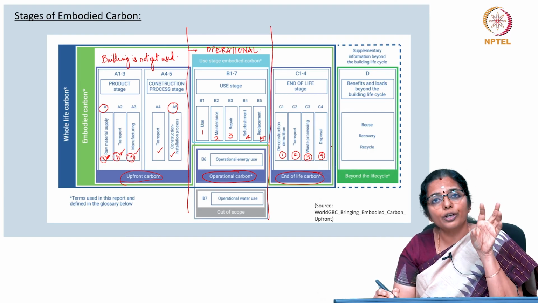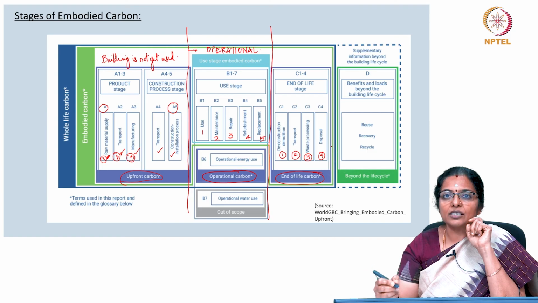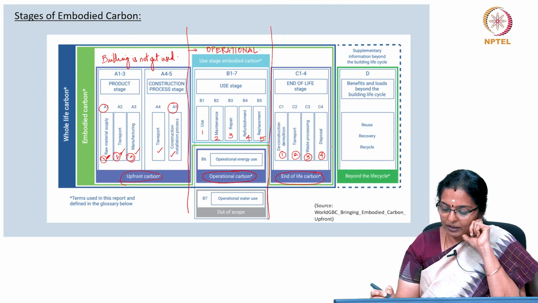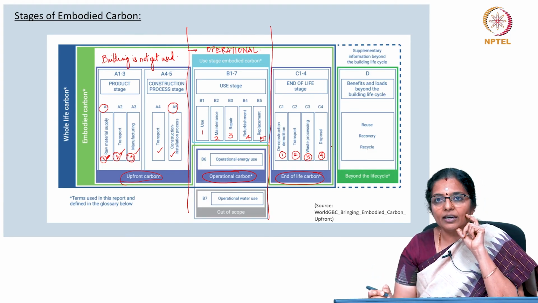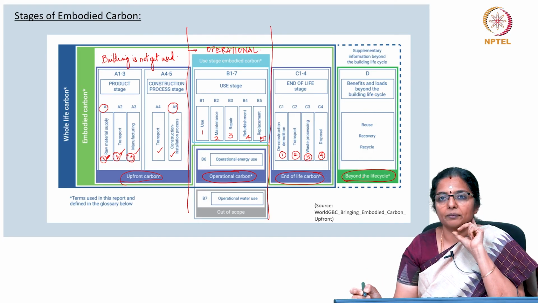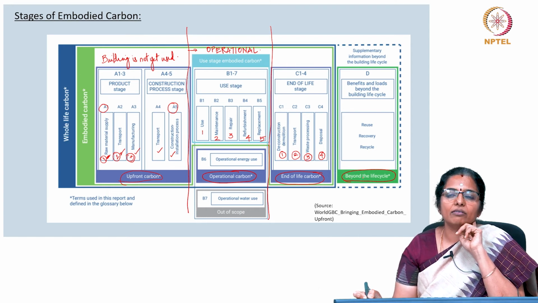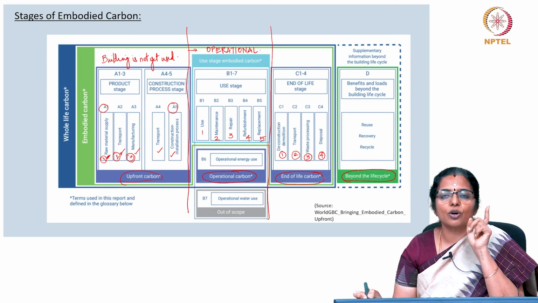from what you get. So that is called end of life carbon. And then you have beyond the life cycle carbon. So looking beyond the typical carbon emissions associated with the product's lifecycle is called beyond life cycle.